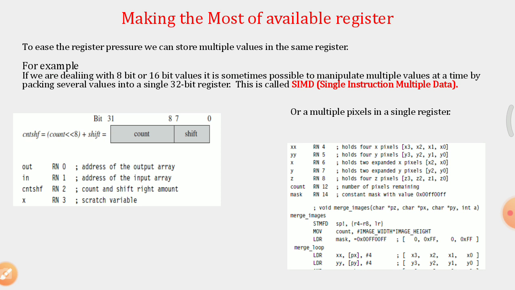So XX is a variable name which holds 4 X pixels, X3, X2, X1 and X0, and YY, Rn5, register 5, will hold 4 Y pixels. Here a pixel size is a single byte. For that we cannot use the whole 32-bit size of one register. Instead, a single register can be used to store 4 pixels.